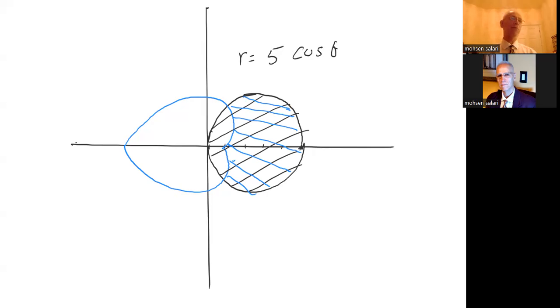Now the first thing that we need to do is to find where the intersection of these 2 graphs is. So let me go ahead and go to the next page.